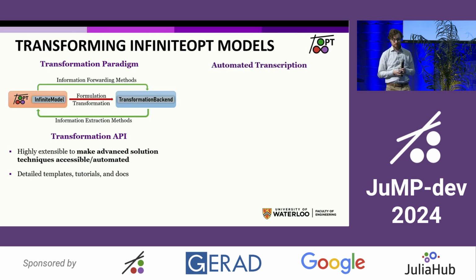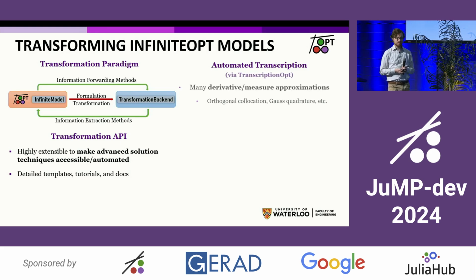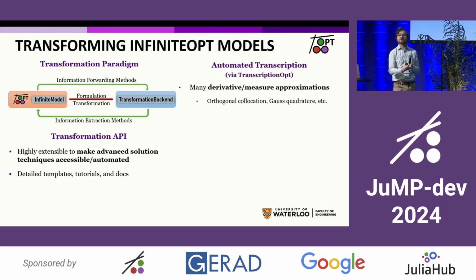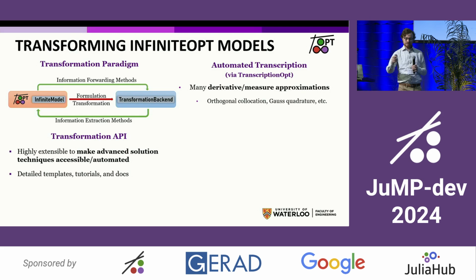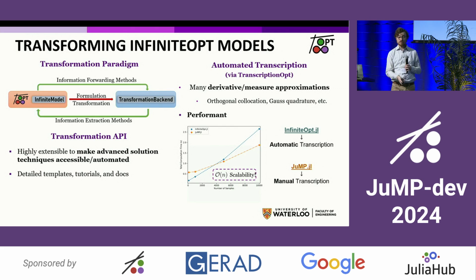By default, we do automated transcription. We have a backend called TranscriptionOpt, which has a bunch of different approximation schemes like orthogonal collocation, finite difference, Gauss quadrature, etc., that will discretize these models and then solve them as JuMP models.